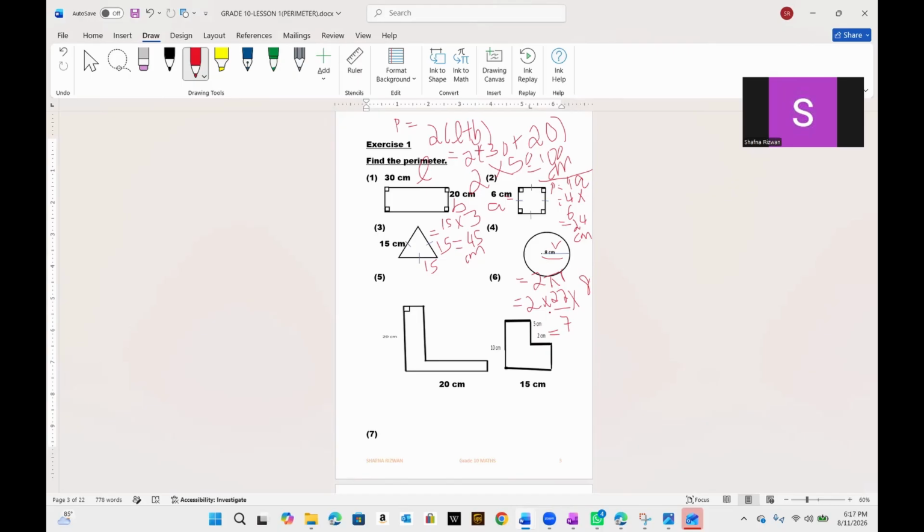Now see here, 2 into 22 is how much? 44. 44 into 8, how much is it? Let's multiply.